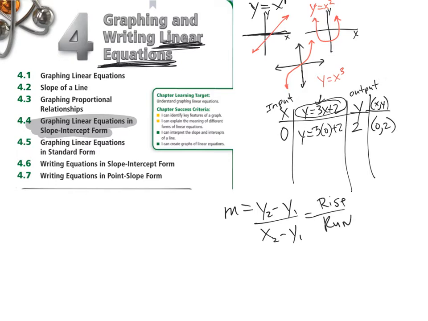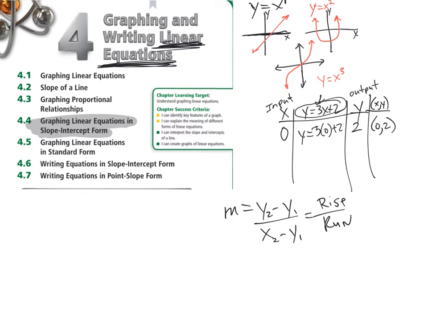Okay, the change in the rise over the change in the run. And then we did proportional relationships, which I could almost skip because I don't believe that they belong. I guess I can see how they belong, but they're kind of unnecessary in this chapter. Okay, so yes, we'll talk about that.